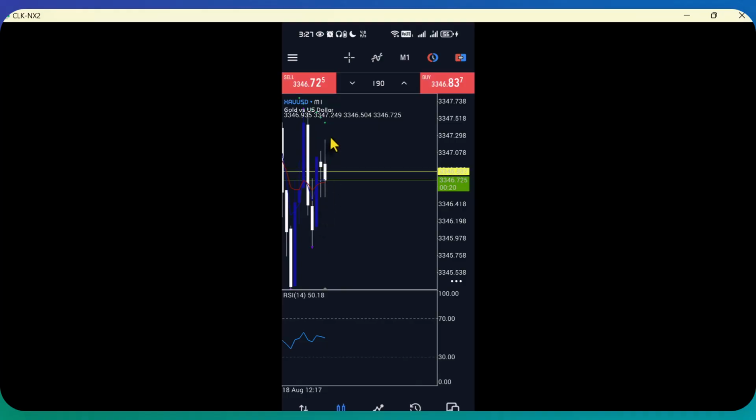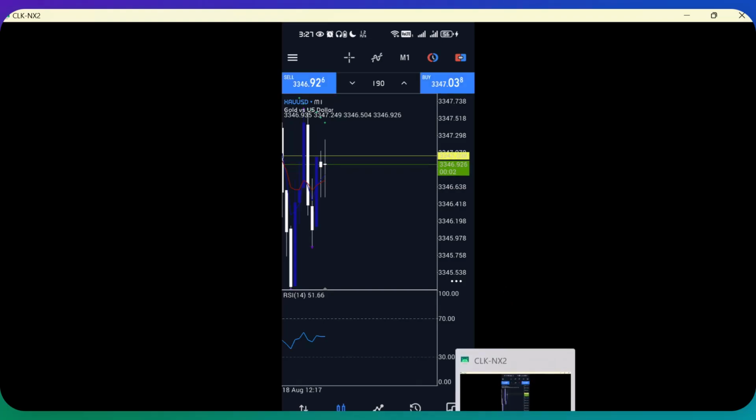And in this candlestick, the sellers are having more pressure than the buyers. So it just shows us which one is stronger and which one is weaker within a specific time frame.